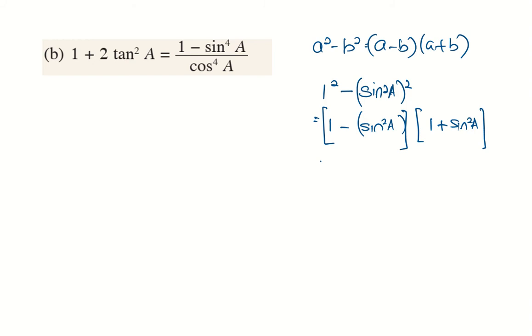So we know that sine square x plus cos square x equals to 1. That's the formula that we have. Okay, using this concept, let's start.